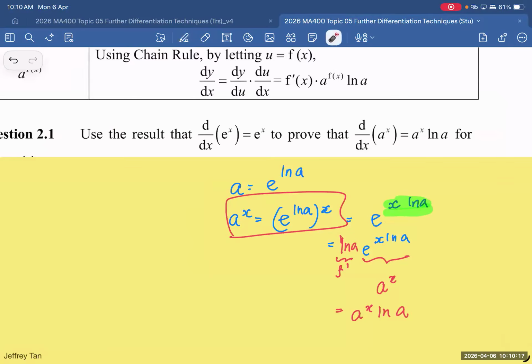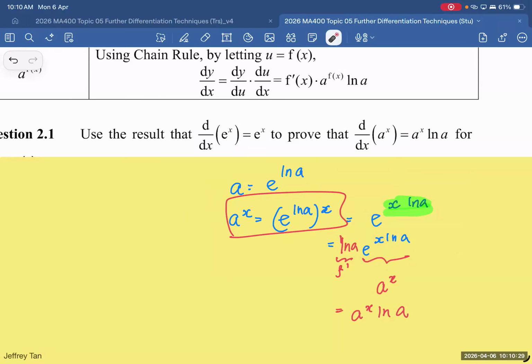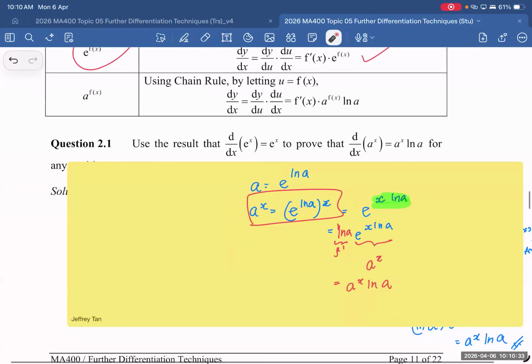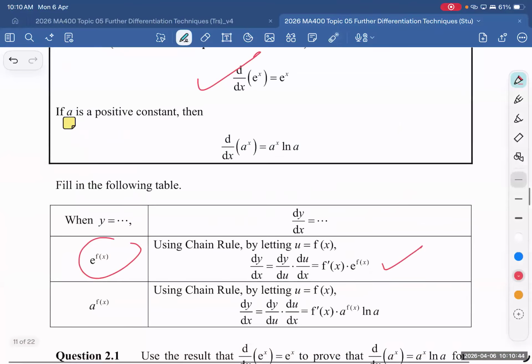Once again, if I differentiate e^f(x), I get e^f(x) f prime, and e^f(x) here is just a^x. This is the proof for question 2.1. Now with that, you can try 2.2, 2.3, 2.4, 2.5. I hope based on this I managed to sell you formula number 2.